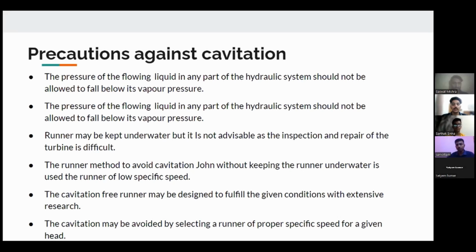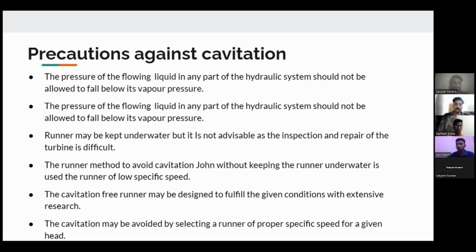So we will see what precautions can be taken against cavitation. Precaution against low pressure: we must ensure that the pressure does not fall below the vapor pressure anywhere in the hydraulic system, and keep the absolute pressure head above 2.5 meters.